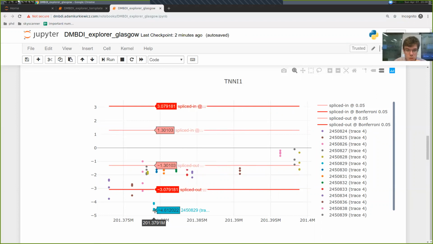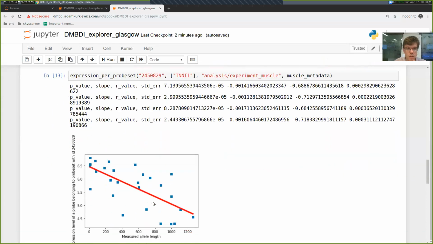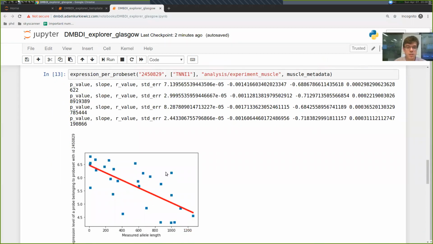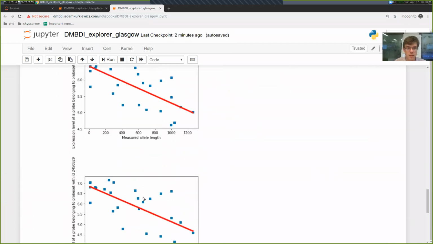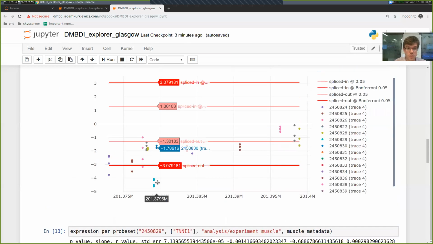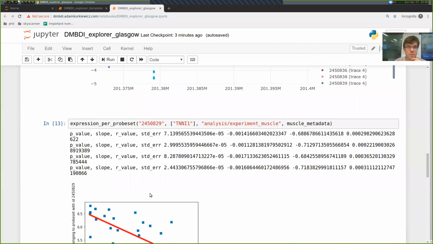Let's look in a bit more detail at probe set 2450829 and how this blue group of dots was generated. As you can see, there are four linear regressions, and that corresponds to the 4 probes which belong to the probe set.